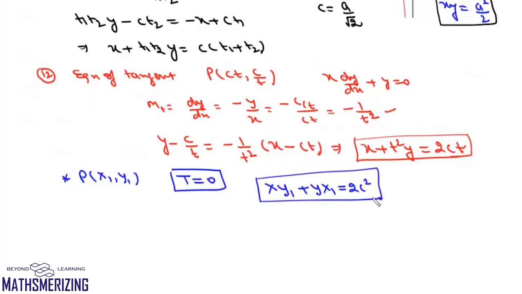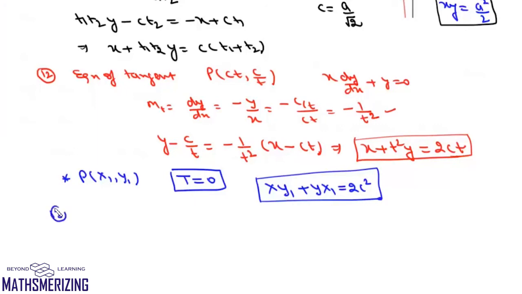Now this is the equation of tangent in terms of the given point x1 and y1. So in terms of the parameter, we can write this as x plus t square y equals 2ct, and in terms of a given point x1, y1, we'll write this equation as xy1 plus yx1 equals 2c square.